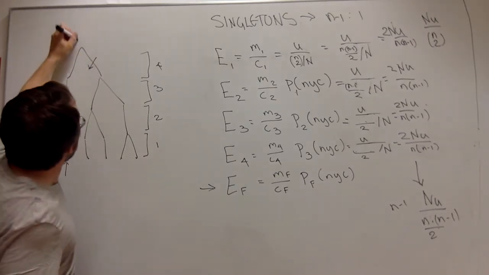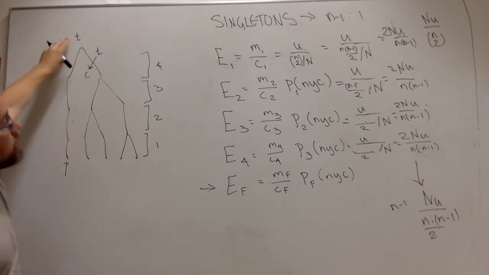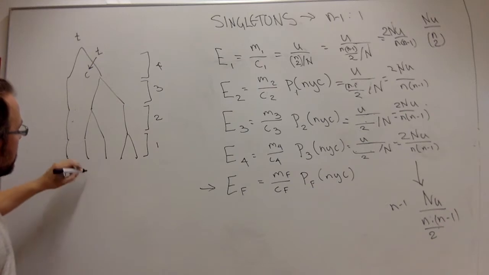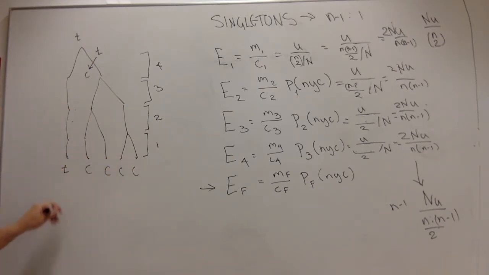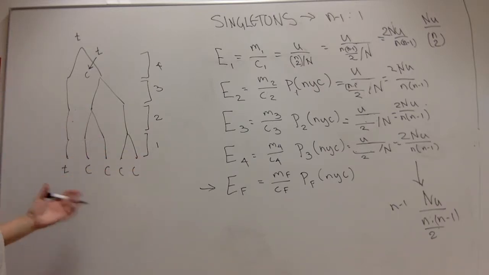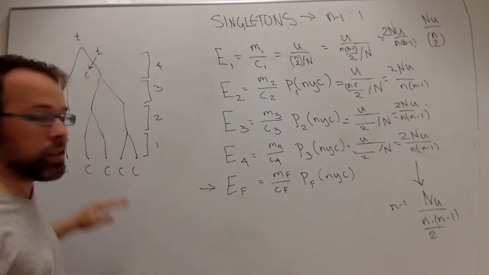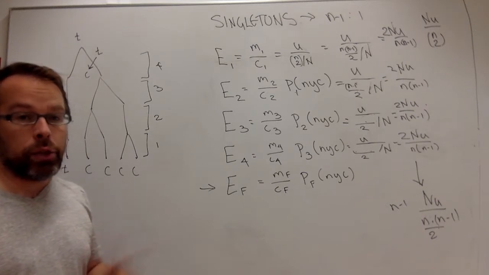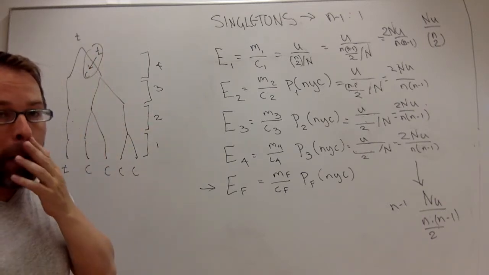So in this case, if there's an ancestral C, and that C would mutate to a T, and that T mutates to a C. Well, now all 4 of these individuals have the new allele, and this one has the ancestral allele. But from the perspective of how many singletons there are, what is the frequency of the rare mutation, this is still just as much a singleton as the ones we've been studying. So this is the funny one that we need to take into account.